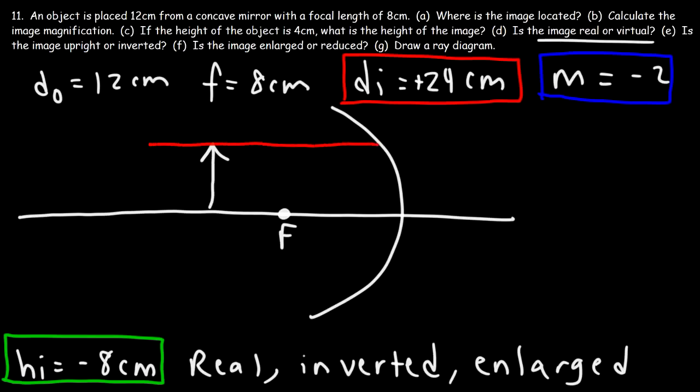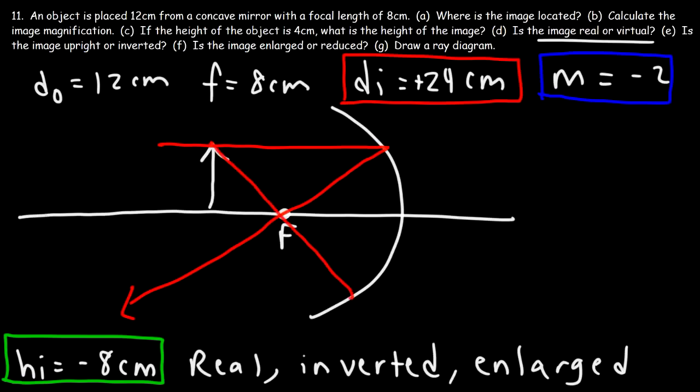It's going to strike the mirror, and then it's going to bounce back towards the focal point. Now the second ray is going to start from the object. It's going to touch the focal point, hit the mirror, and then reflect back this way. Now notice that the rays intersect at this point. So this is where the image is.